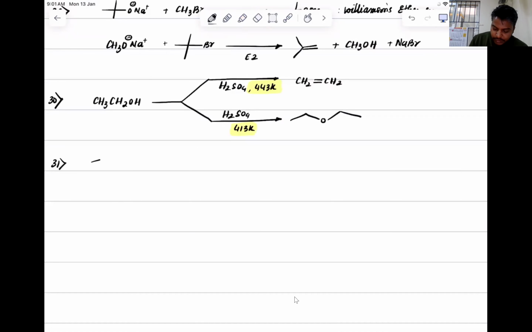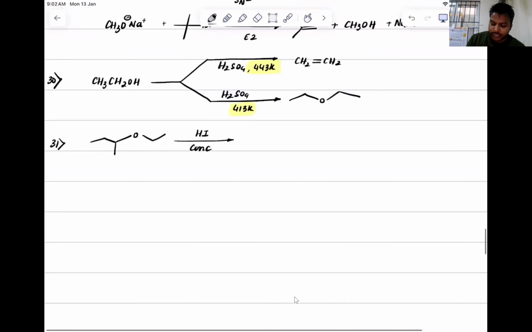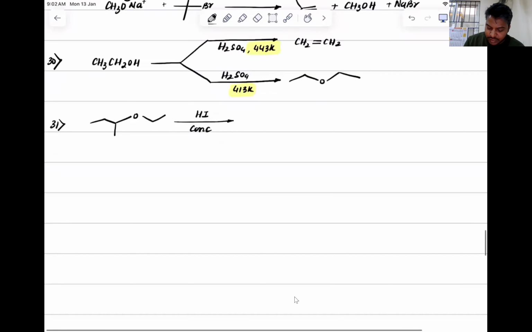Next. This was an in-text question given in NCERT. Learn it. In case I treat with concentrated HI, there are actually multiple cases of HI, but in NCERT only one case we have to learn. That is HI concentrated. What will happen to ethers? First, we will be protonating this, a plus charge will come.